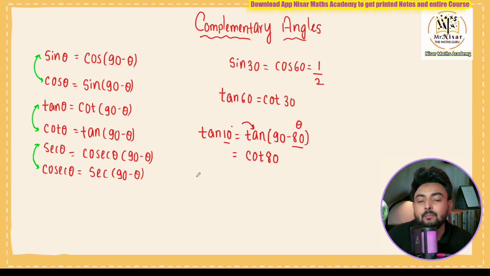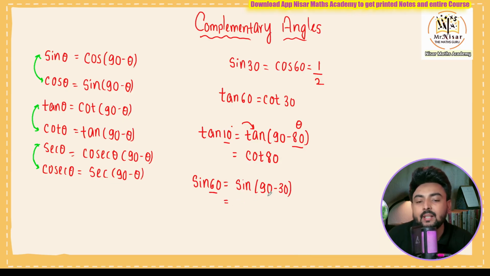One more example so that it will be more clear to you. If I have sine 60, now I have to convert it to its complementary. I know that the answer is cos 90 minus 60, that is cos 30. But how to write it? Sine 60: can I say that 60 degrees is 90 minus 30 degrees? Yes.